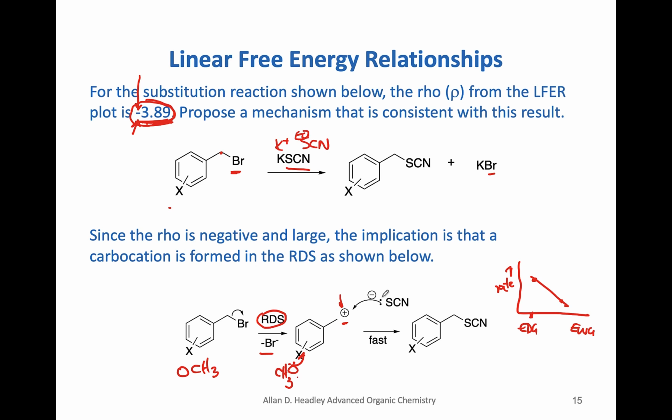So hopefully from this, you get the information that just by looking at the slope, the magnitude, and the sign, you can tell what type of intermediates are formed in the rate determining step. Key here, rate determining step, because that RDS determines the overall rate of the reaction.